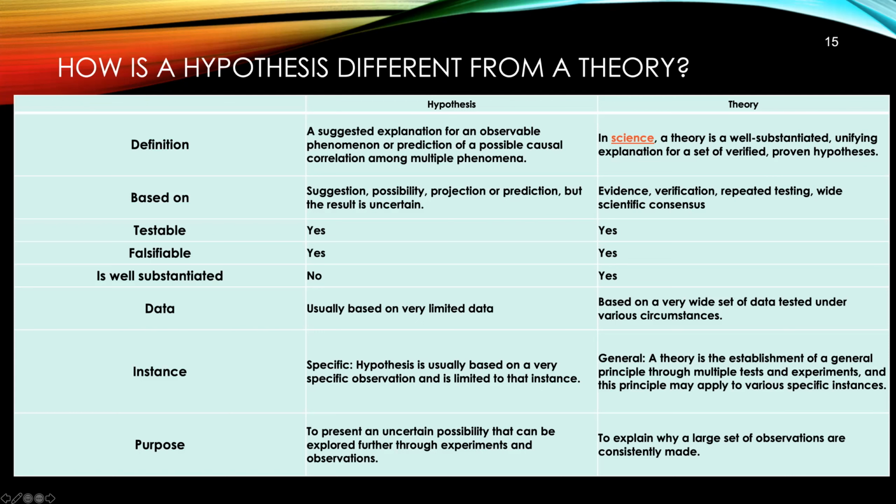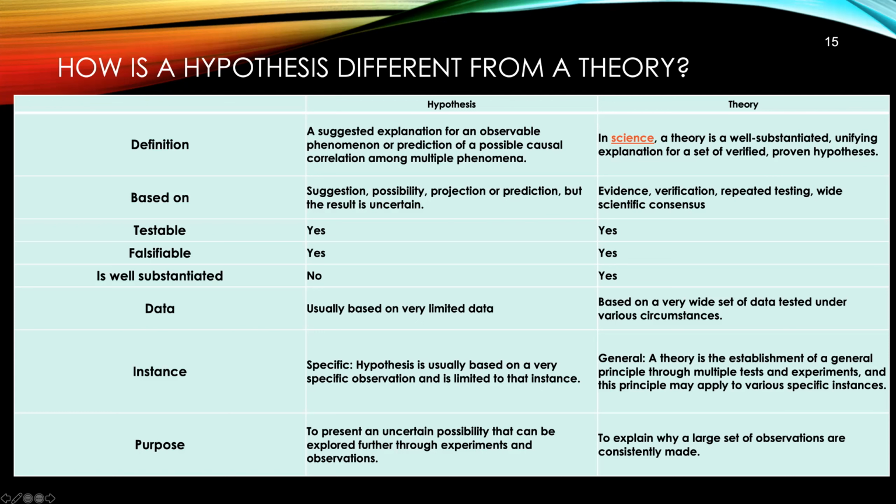A hypothesis is specific, based on a very specific observation. A theory is general. It's based on enough tests and experiments to draw a conclusion that you can make predictions based on the results. The purpose of a hypothesis is to present an uncertain possibility that can be explored further.